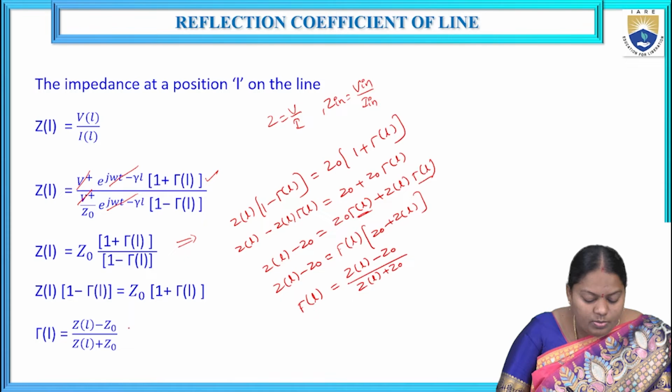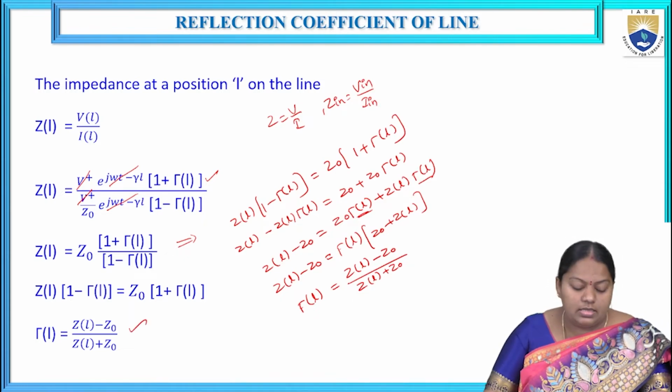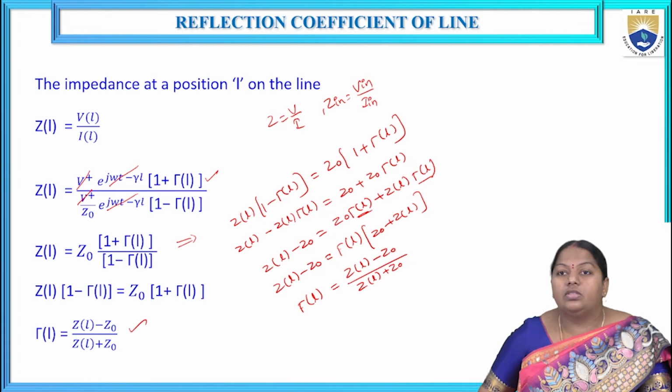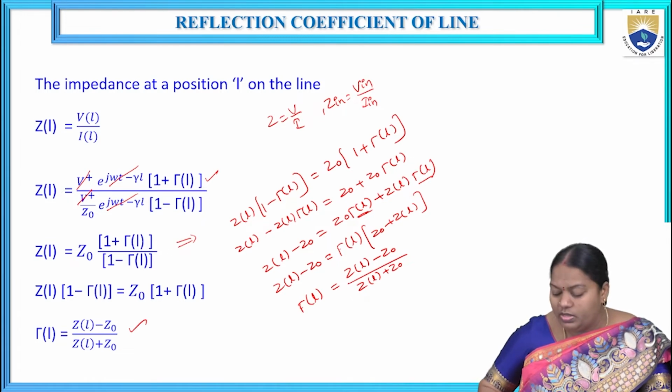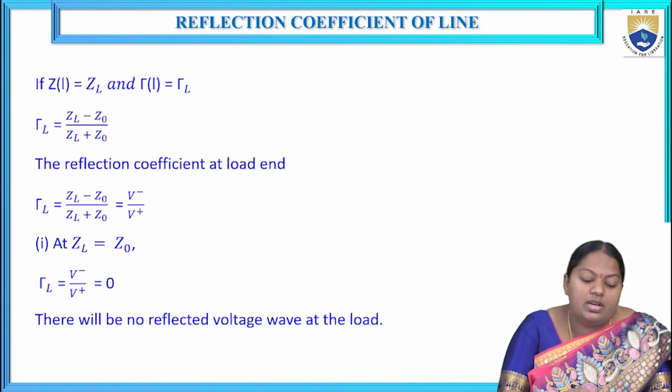See here, gamma of L can be obtained as Z of L minus Z naught by Z of L plus Z naught.